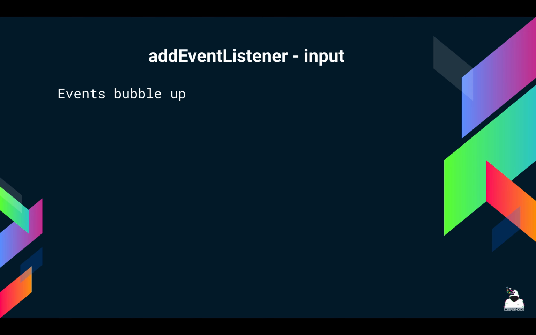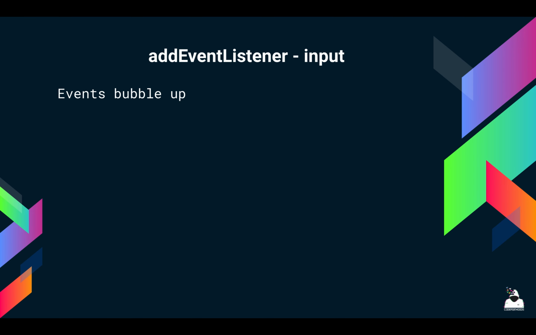If we add an event listener to the header element, and inside the header element there is a button or a div or any other element, if we click on that element, the event is going to traverse up the DOM tree, and every element in the hierarchy that contains this element is going to have the event fired on it.